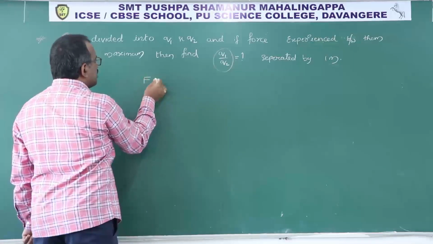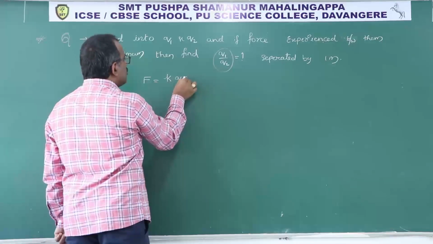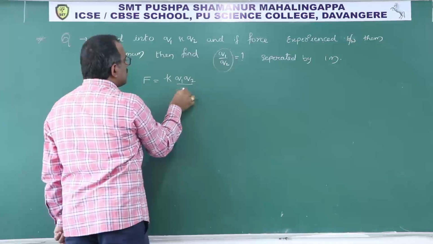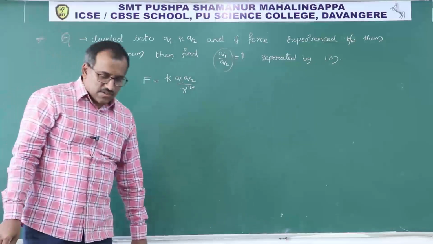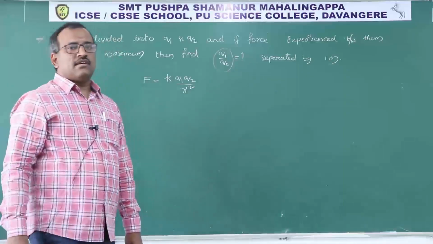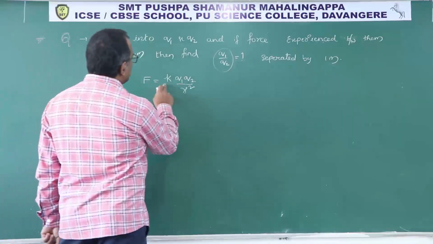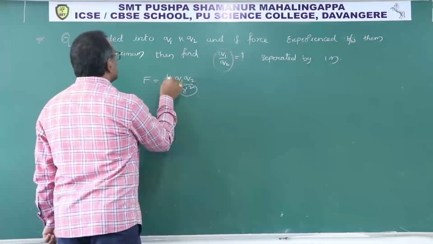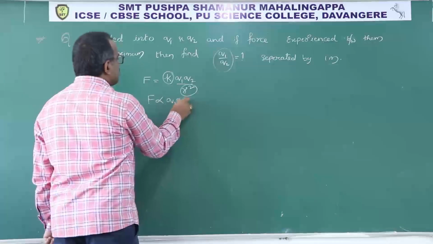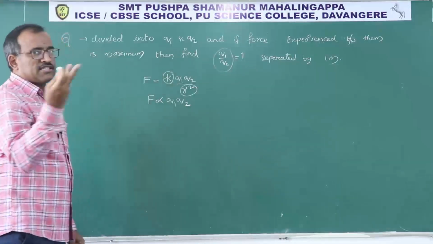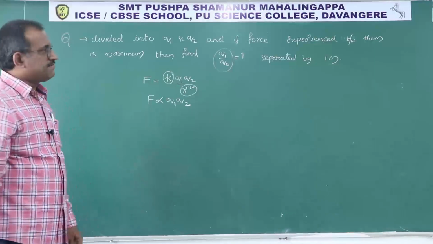If you see carefully, F is equal to K Q1 Q2 by R square. This is constant, so F is directly proportional to Q1 Q2. That's all. As they said, product is maximum.